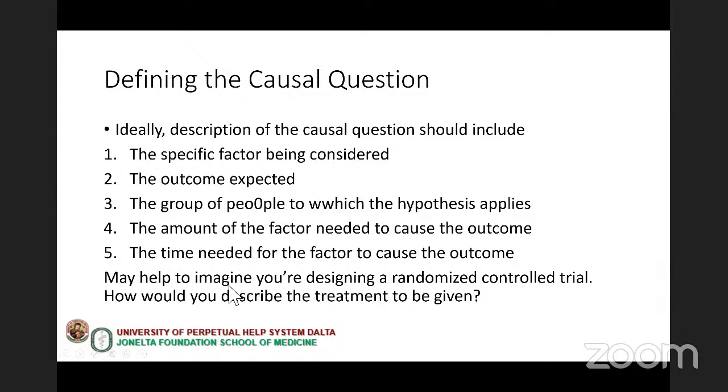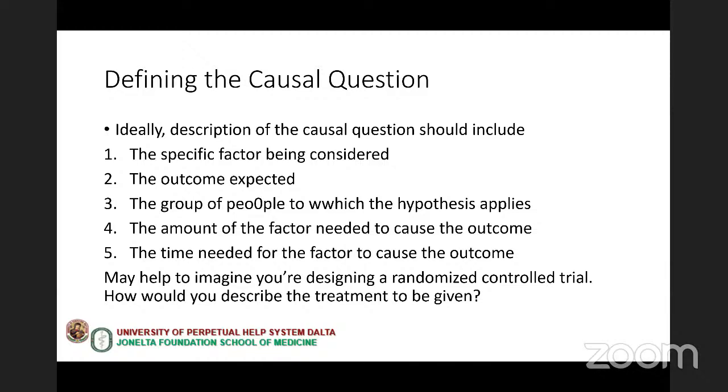So how do you define the causal question? Ideally, the description of the causal question should include the specific factor being considered, the outcome expected, the group of people to which the hypothesis applies, the amount of the factor needed to cause the outcome, and the time needed for the factor to cause the outcome.